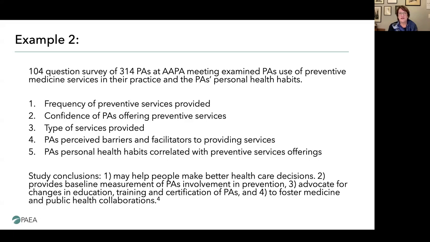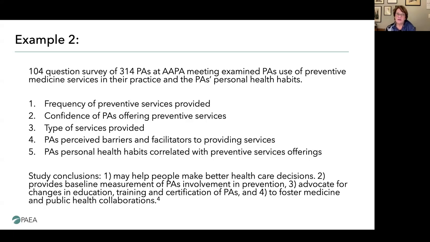So the study conclusions were that the results of the study can help people make better healthcare decisions. And I use the word people because really it was patients, their families, the clinicians, and even policymakers, thinking about what is the connection between preventive medicine and better health.